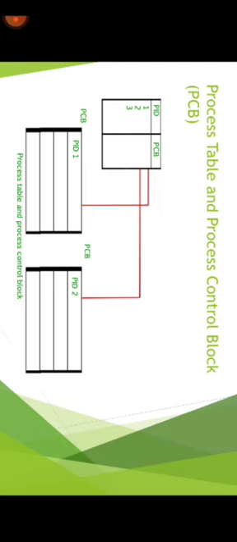PID 1 and PID 2 have corresponding PCBs that contain additional information. The diagram explains the PCB's various fields, including PCB registers, memory limits and a list of open files, which are essential for managing processes in the operating system.